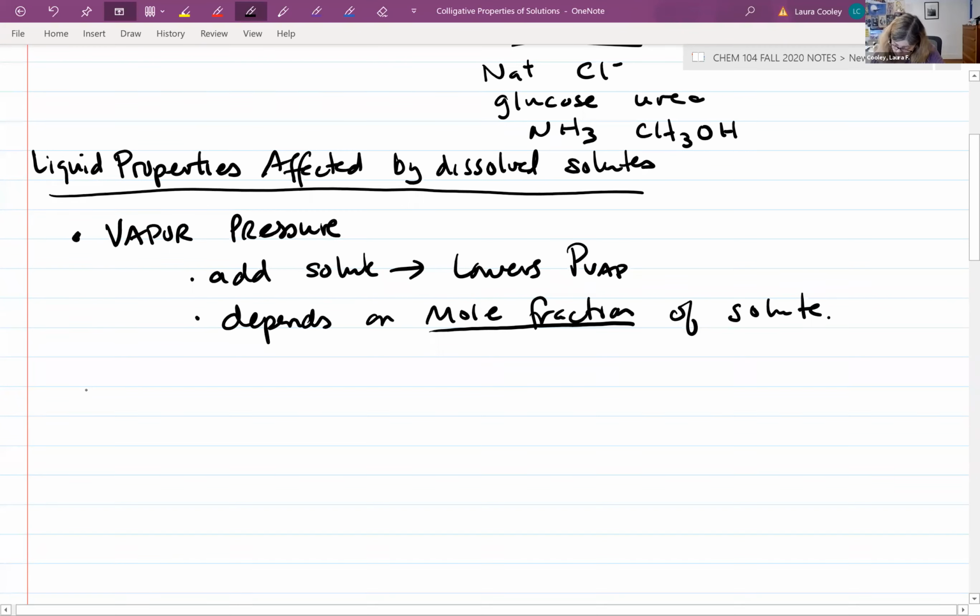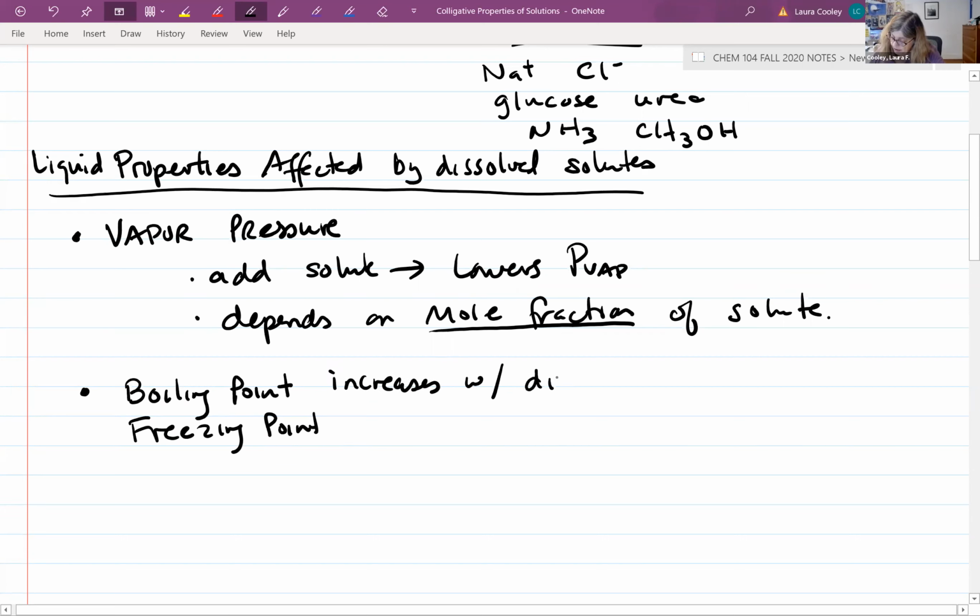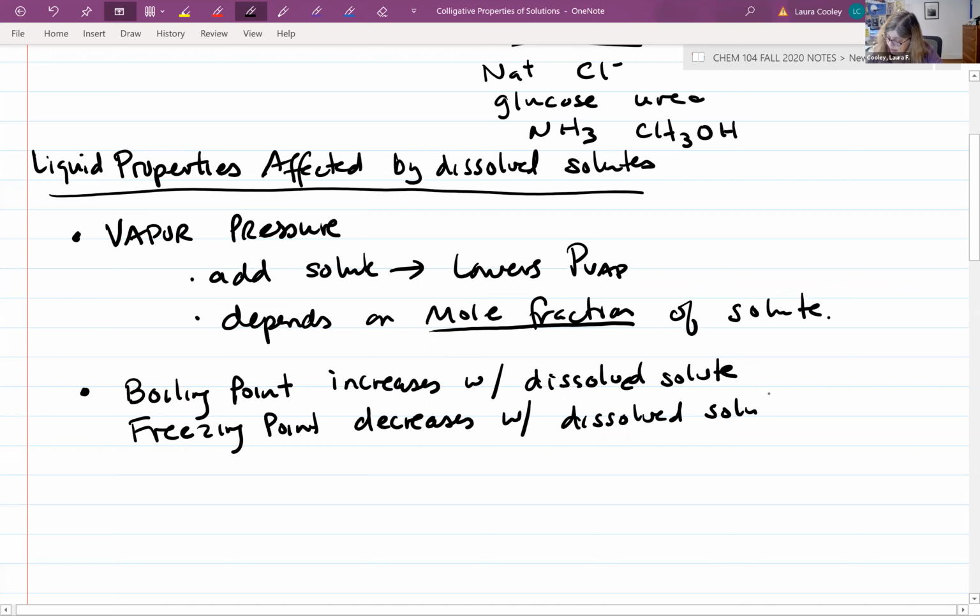Another property that changes is the boiling point or the freezing point. The boiling point increases with dissolved solute, and the freezing point decreases with dissolved solute.